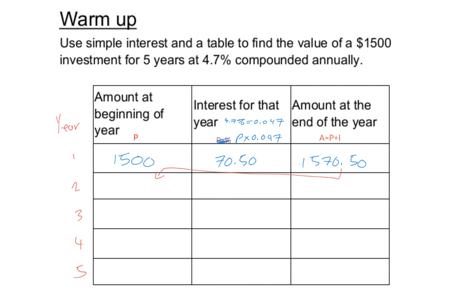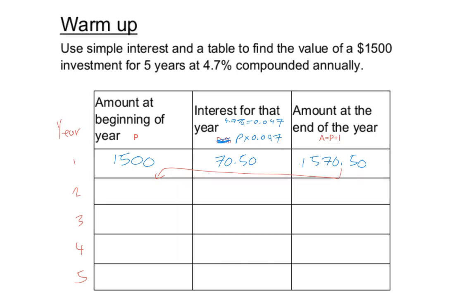So now we have 1570.50, and then we're going to times that by 0.047 to get 73.81. Then we add these two numbers to be 1644.31, and so on.